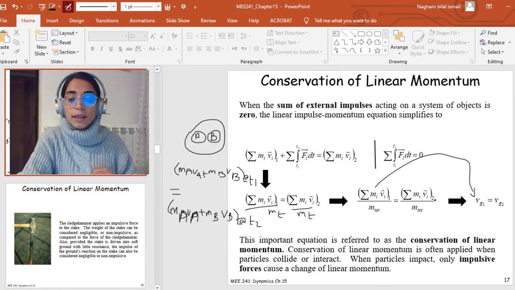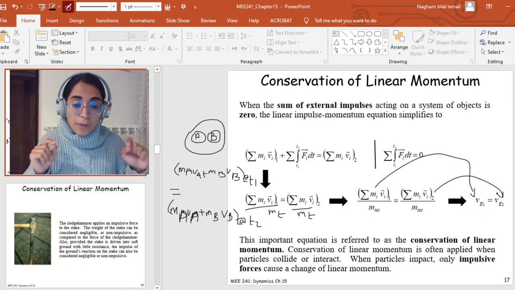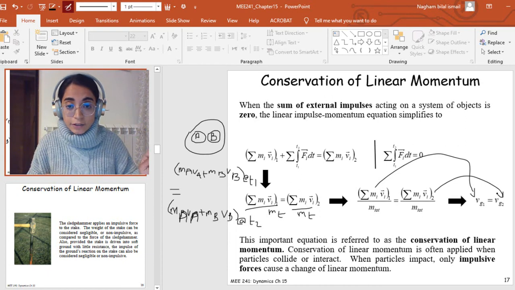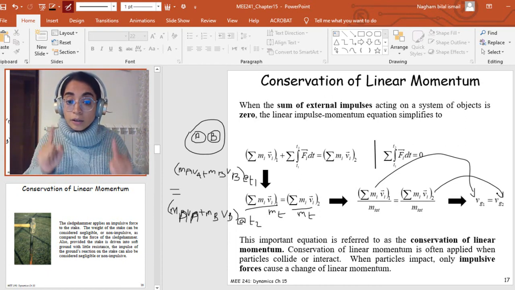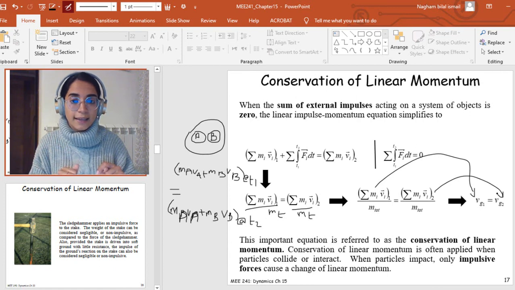So Vg1 is equal to Vg2. All right? So guys, I want you to remember this relation. There is a conservation of linear momentum only if the sum of external impulses is equal to 0, because I'm going to use this linear conservation in the case of impact.